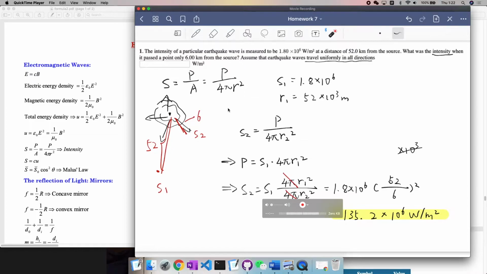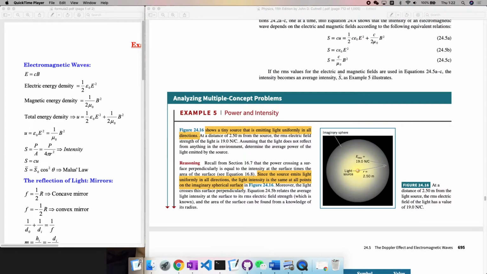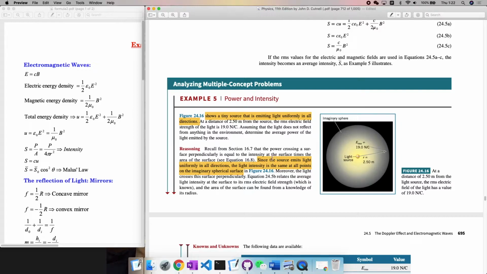But why? Since the source emits light uniformly in all directions, the light intensity is the same at all points on the imaginary spherical surface. This is the point: when the wave goes uniformly in all directions, the surface is no longer a circle.